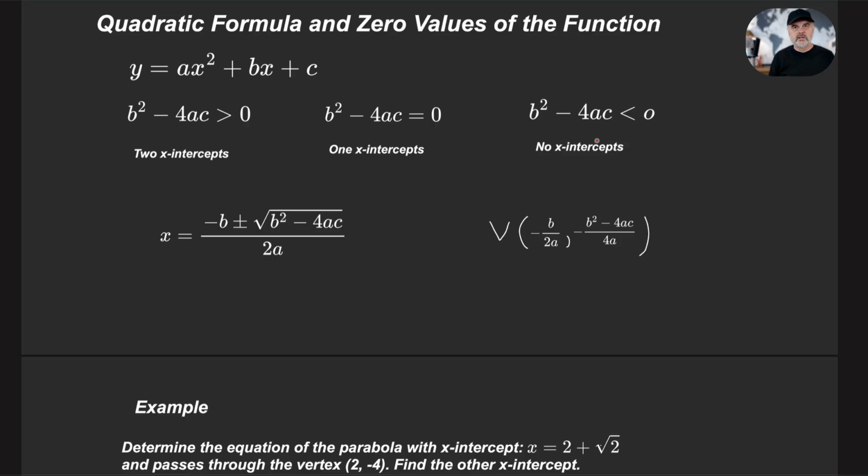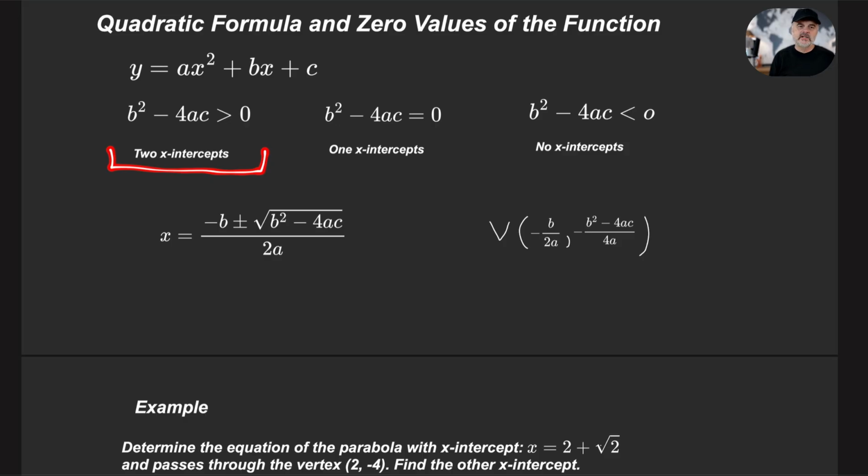Quick reminder, quadratic equation in standard form: the a coefficient is never equal to 0, while the b coefficient and c can be equal to 0. There is a connection between the quadratic formula that you're familiar with already and how many roots versus how many x-intercepts.